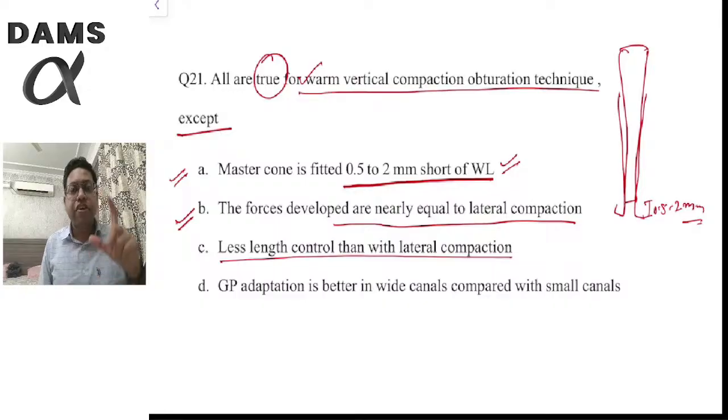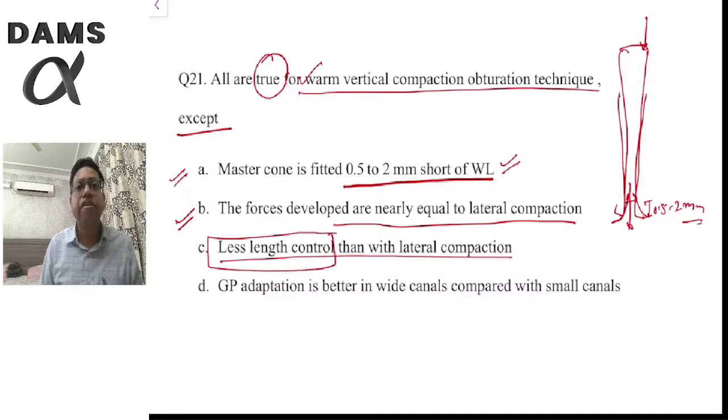Definitely, in the cold lateral compaction method, we are using a solid form of gutta percha that can be very well seated to the prepared working length. But when we are using a warm vertical method, although the gutta percha would melt and flow apically and laterally, how much would be the length of penetration is not under the direct control of the clinician. So, length control is poor as compared to cold lateral compaction. This option is also correct.